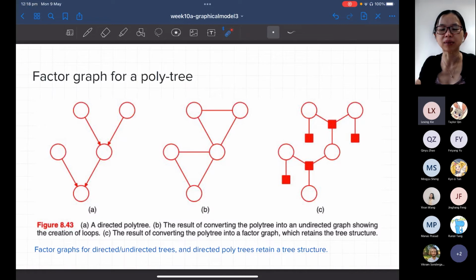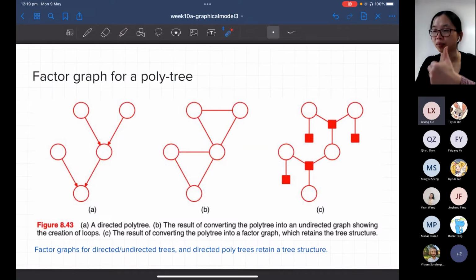Because if we directly convert them into an undirected graph, obviously there's going to be loops because of these head-head patterns. But what is helping here is that if we use the factor graph representation, the resulting factor graph is actually a tree.